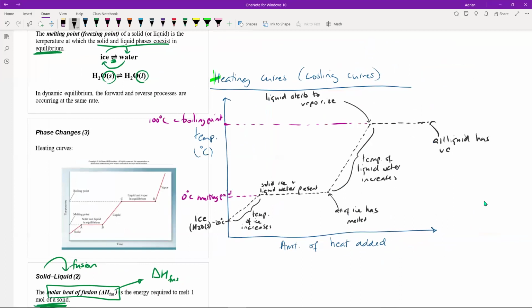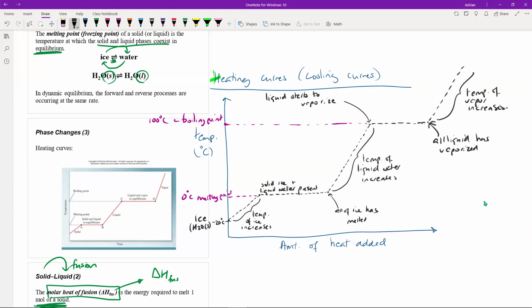Now all I have present is just H2O in the gas phase, and if I provide more energy, well, then the temperature of the vapor starts to increase. So in any heating curve, and again, the cooling curve is just going in the other direction from the top right to the lower left as we take heat away and cool it down, it's just in reverse.